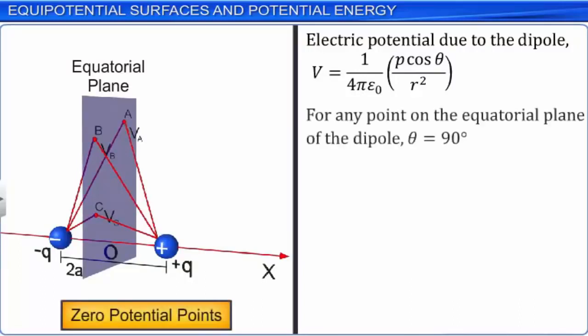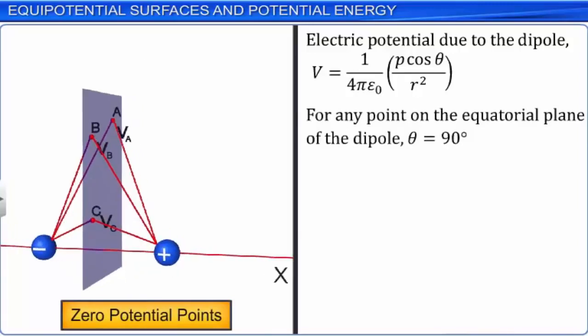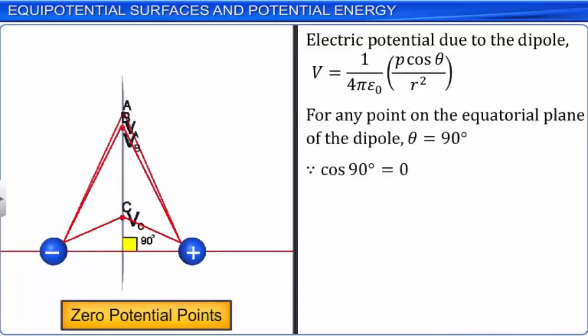Since points A, B and C lie on equatorial plane, theta is 90 degrees for points A, B and C. Therefore, VA, VB and VC are equal to 0.